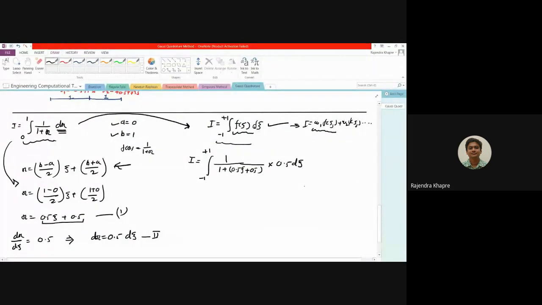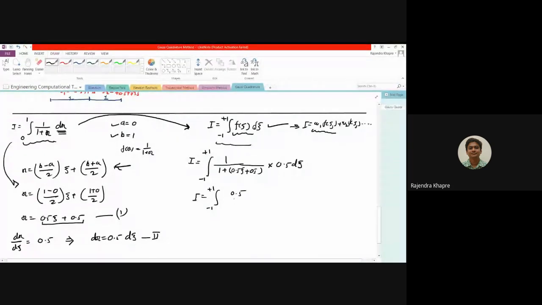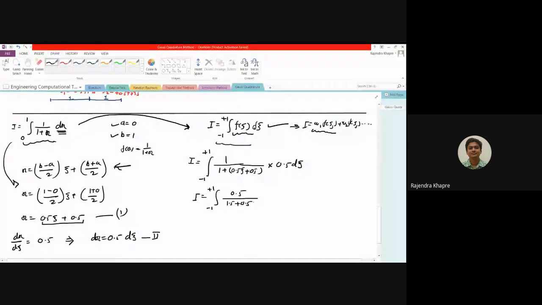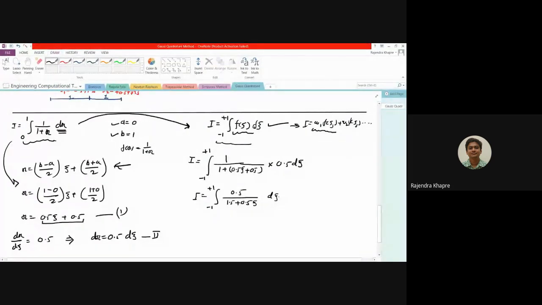Okay. So if you rewrite the I term, this is going to become the integral from -1 to +1 of 0.5 divided by (1.5 plus 0.5 times xi) into d xi. Can I write it like this? Yes students, is it okay?